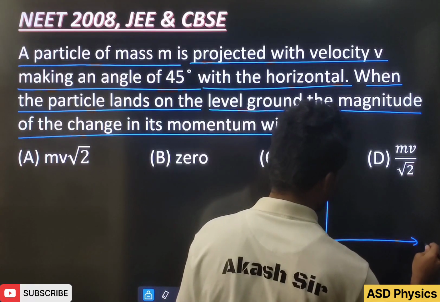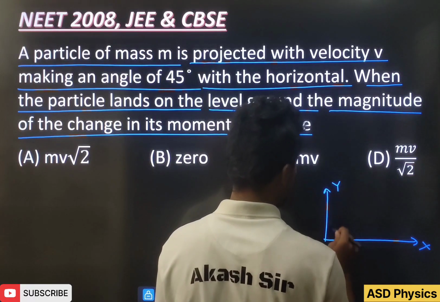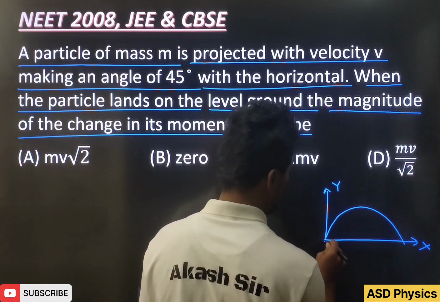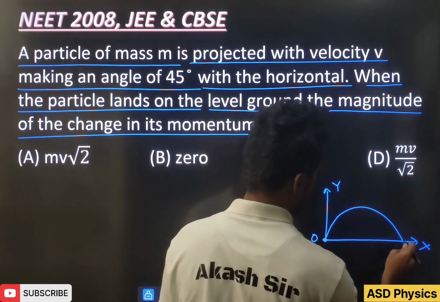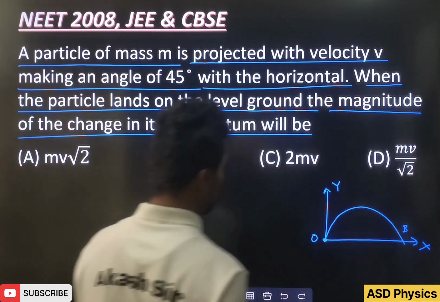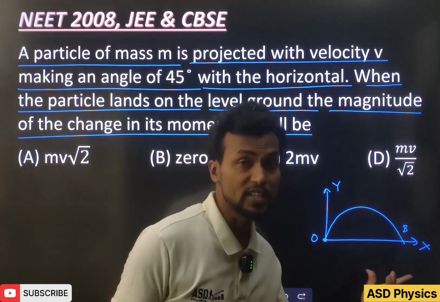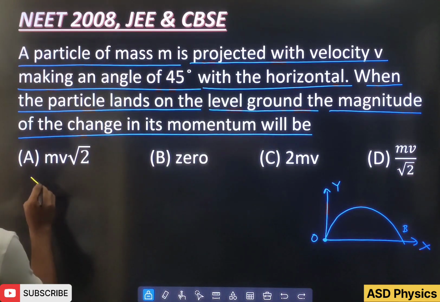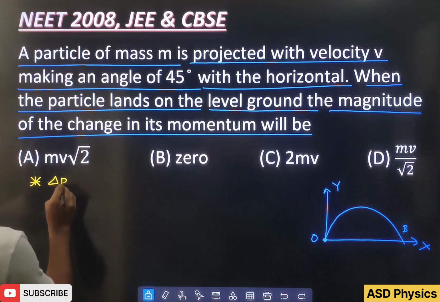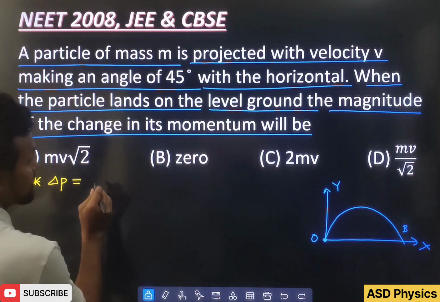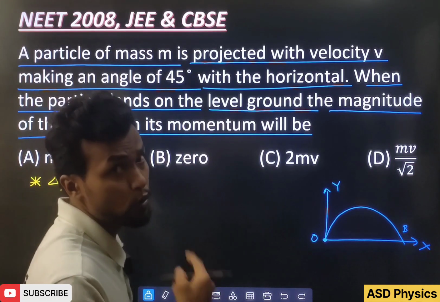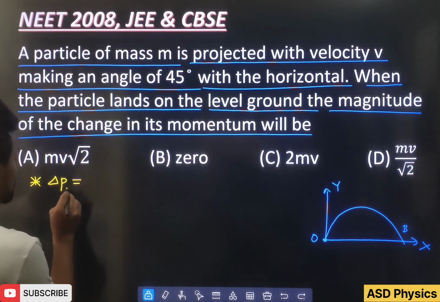Okay, so what will happen here, when the particle is projected from here, we can tell projected from point O and here reaching at point B. So when it will land at the ground, then what is the change in momentum? So I can tell very well, remember the formula, the change in momentum delta P between which points I am telling here, between point O and point B. Okay, so B is the final point, O is the initial point.